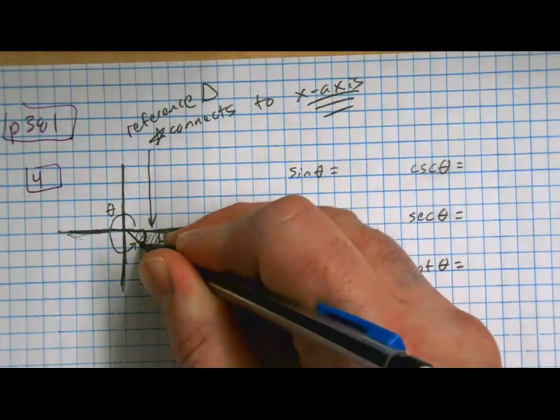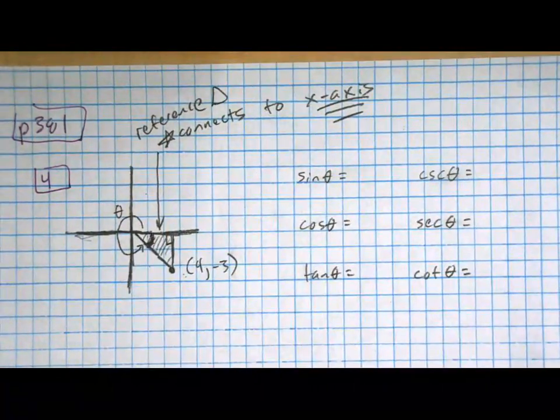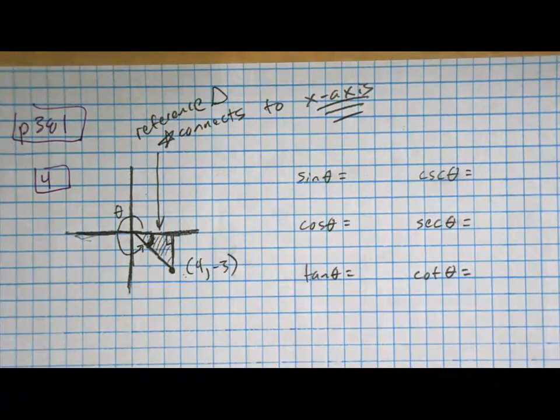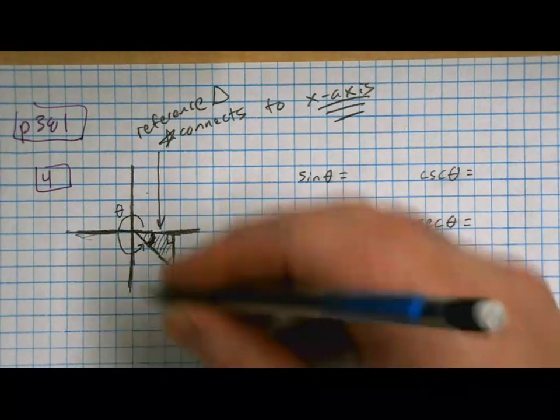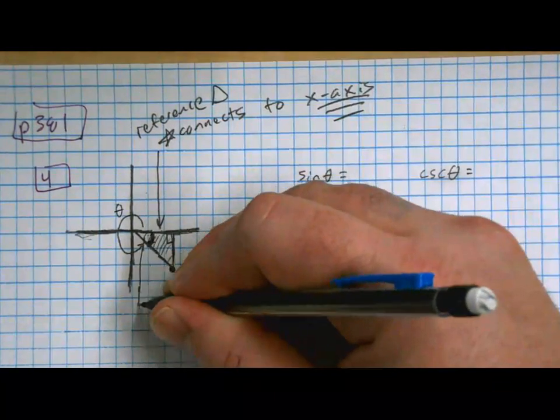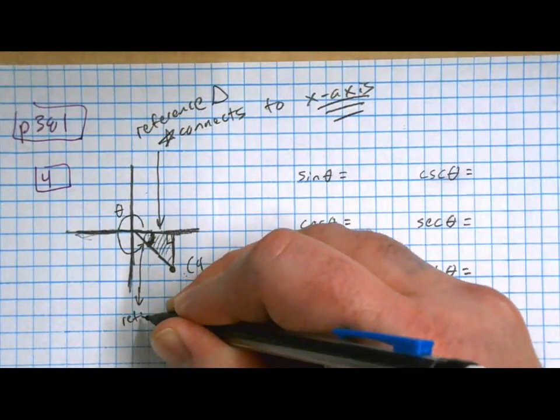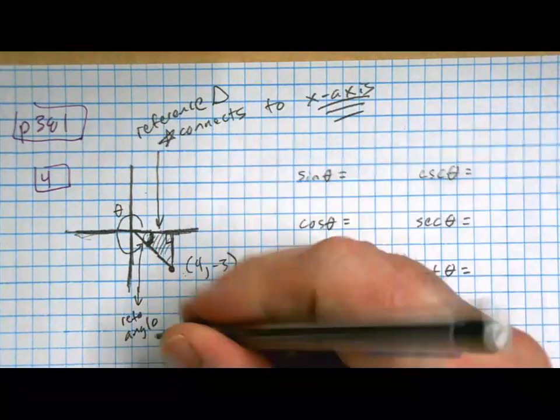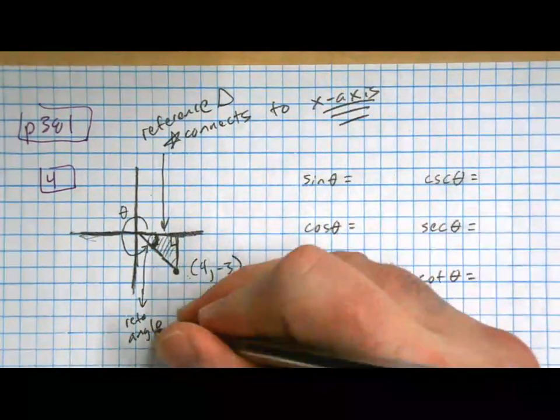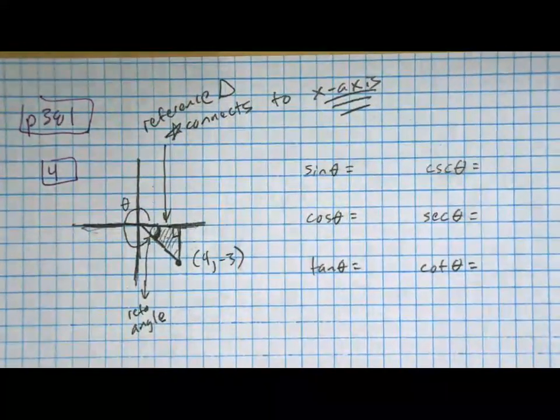The reference angle is the angle in the reference triangle that's at the origin. We'll talk more about what reference angles do for us. They're going to make your job of memorizing sine, cosine, and tangent much easier.